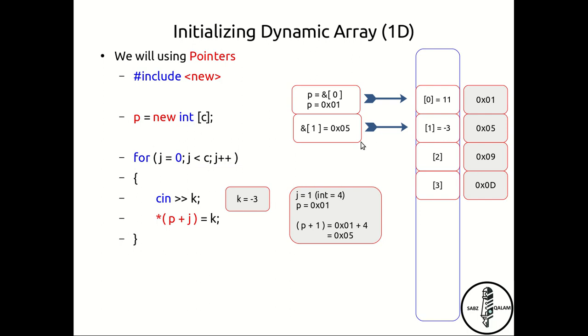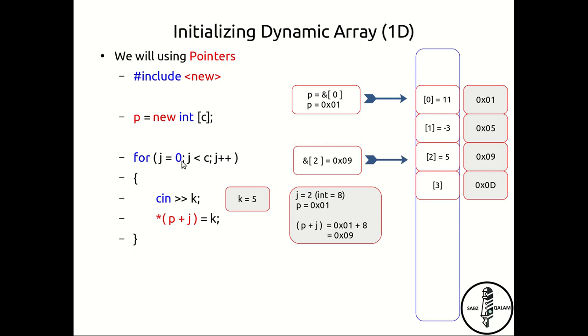Now let's continue the same example and consider the third loop in which J is 2, here K is 5. J becomes 2, which in byte language is 8 bytes, right? 4 bytes is one integer, so 2 integers later is 8 bytes later.